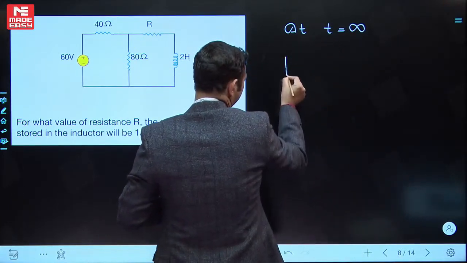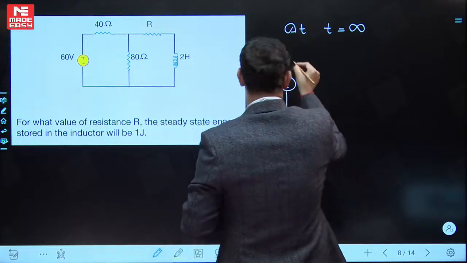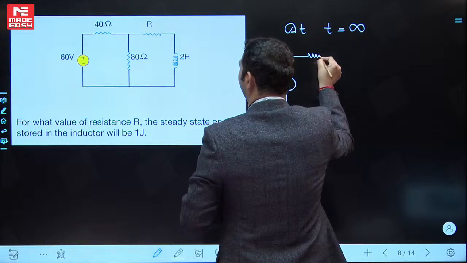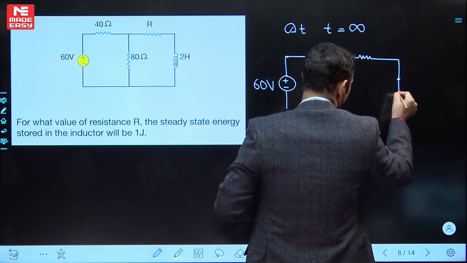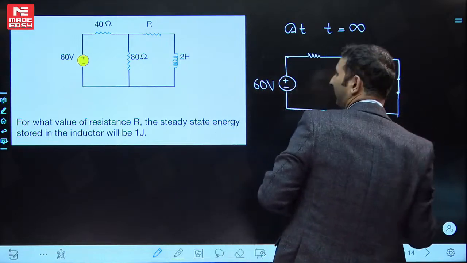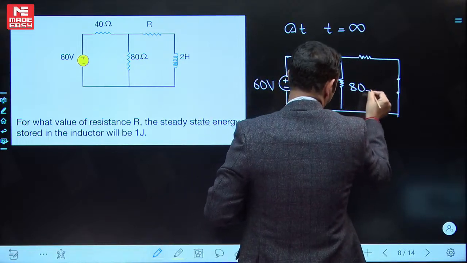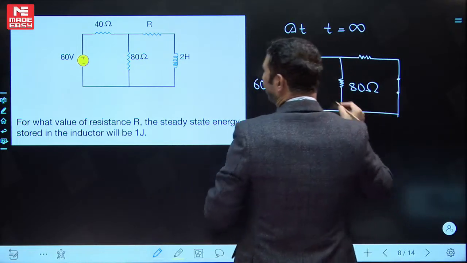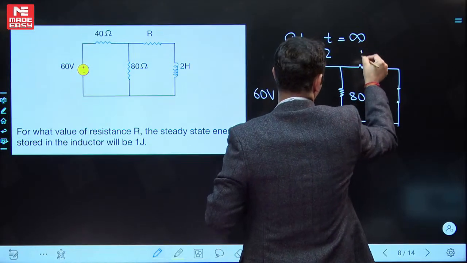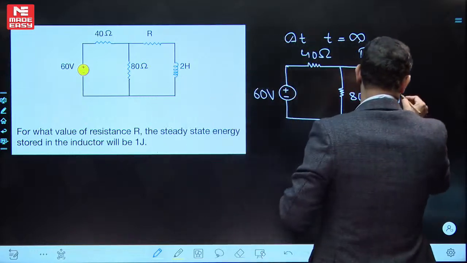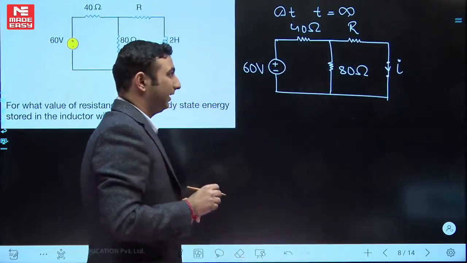Therefore, this is what I'll be having: 60 volts, 40, R, inductor replaced by a short circuit, 80 ohms. So this is the steady state circuit that I'll be having. 40 ohms, R unknown, 80 ohms, inductor we have replaced by a short circuit. This is the current I'm interested in calculating. So let's solve this current value.